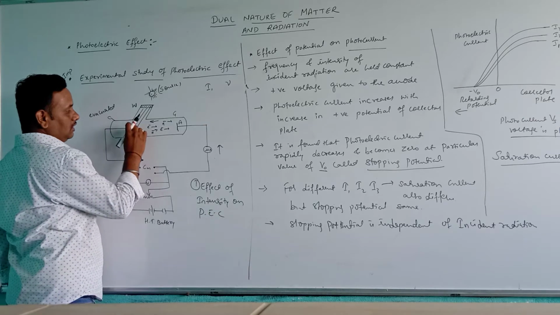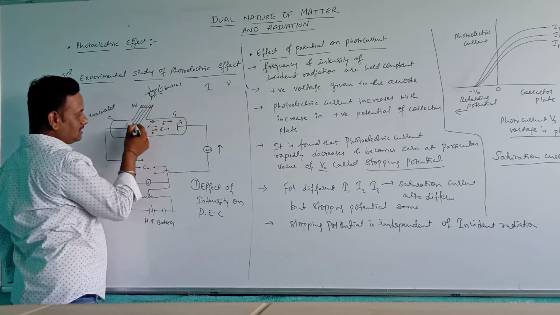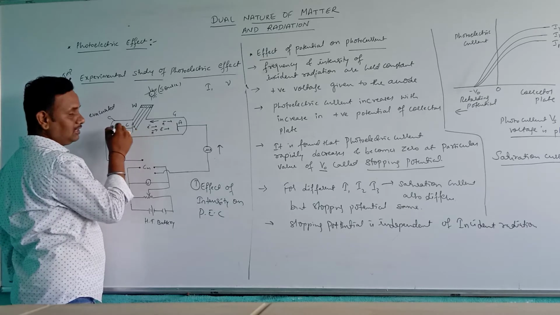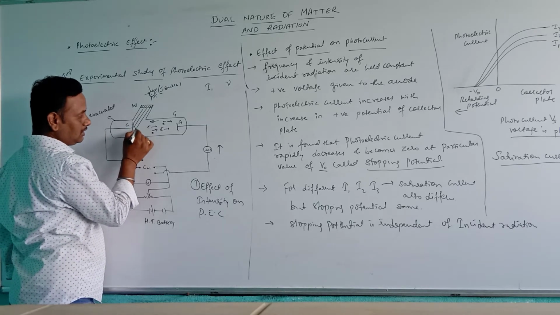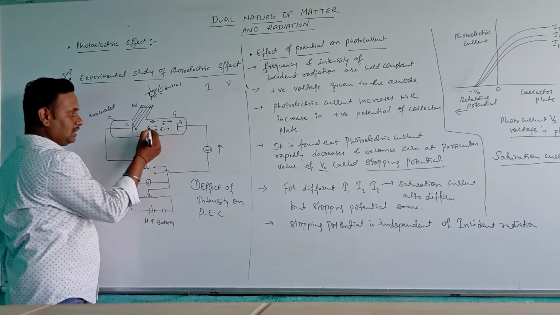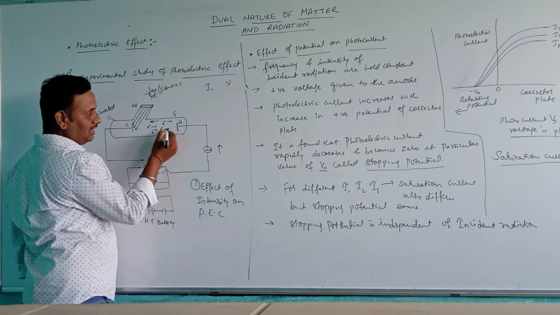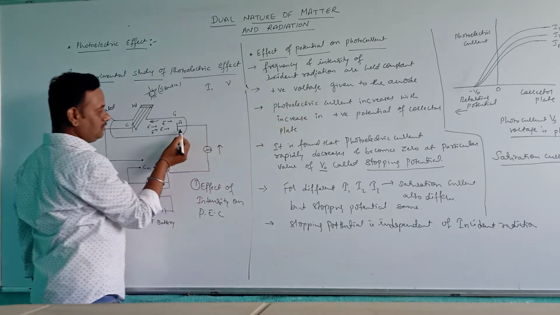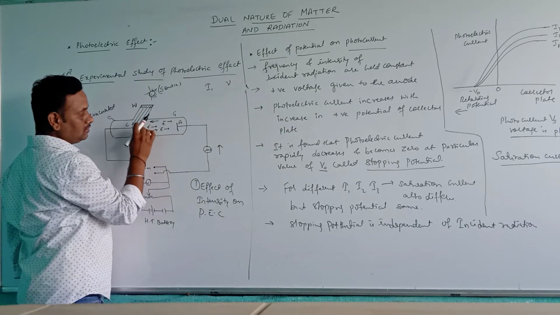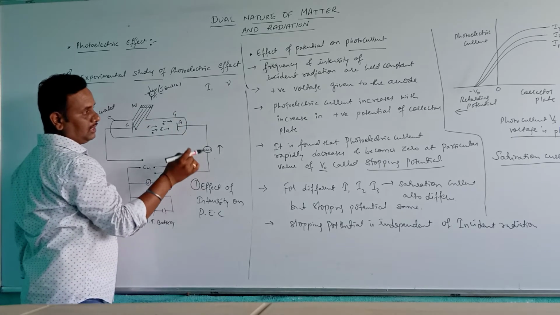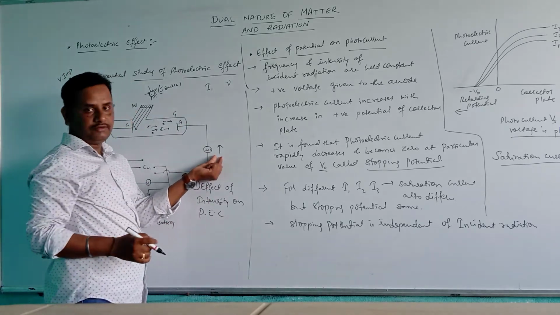once the radiation gets incident on the emitter plate, that is the photosensitive plate, the electrons will start emitting, and these electrons will get attracted because a positive voltage is given to the anode. Once those electrons get attracted, there will be an increase in the photoelectric current.